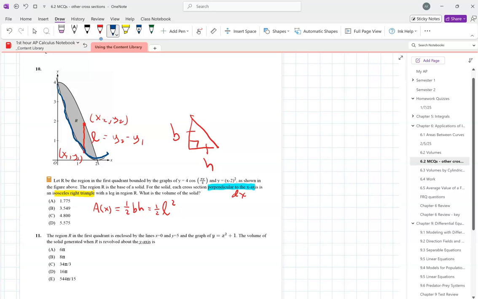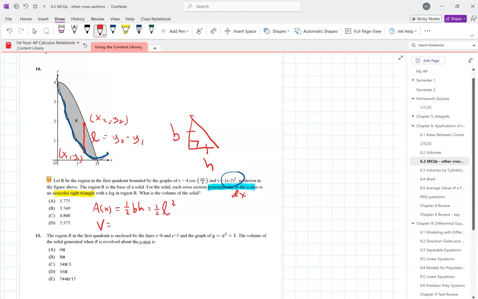So y1 is just x minus 2 squared. So y2 is just the 4 cosine and so on.